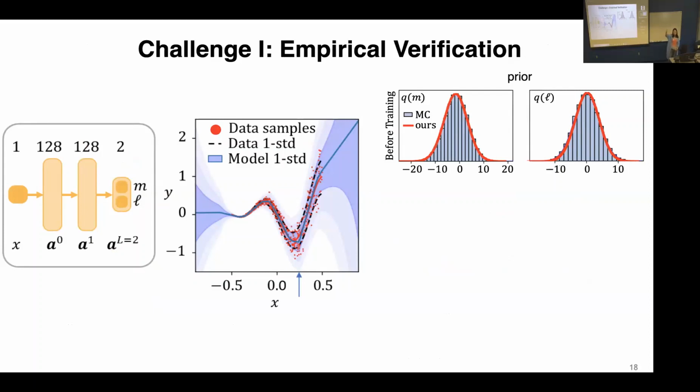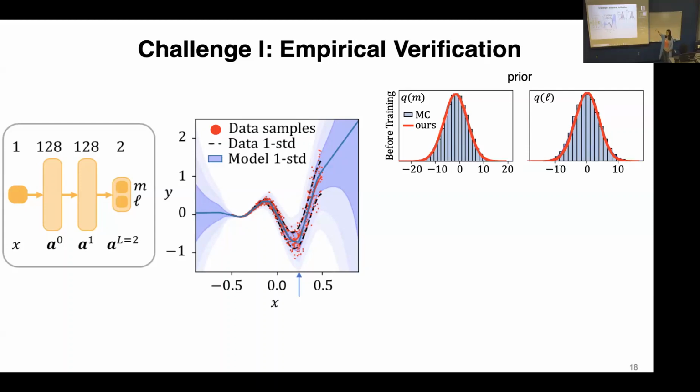We not only put uncertainty over the weight, but we also want the output to capture the uncertainty in the data as well. So before training, just with an arbitrary prior assumption over the weight, we propagate this weight through the neural network using the MC method and using our deterministic method.